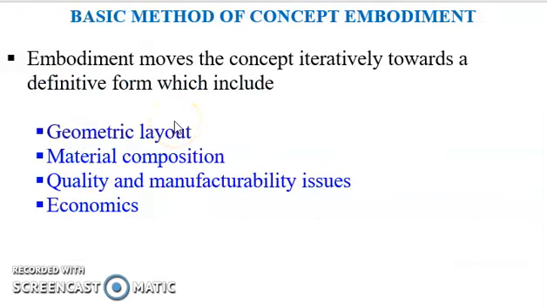Embodiment moves the concept iteratively towards a definitive form which includes geometric layout, material composition, quality and manufacturability issues, and economics. The embodiment process is challenging as parameters in a product containing multiple subsystems are coupled with each other.